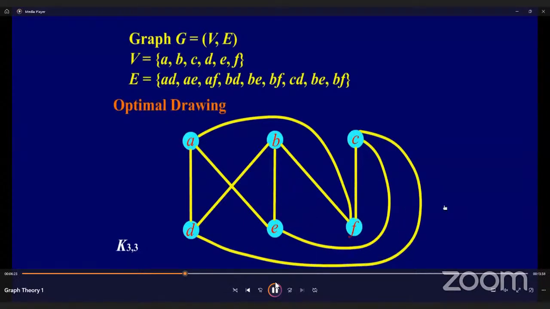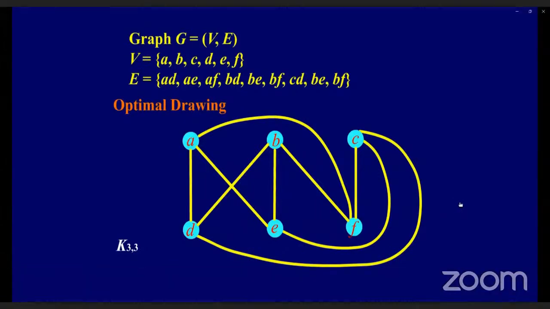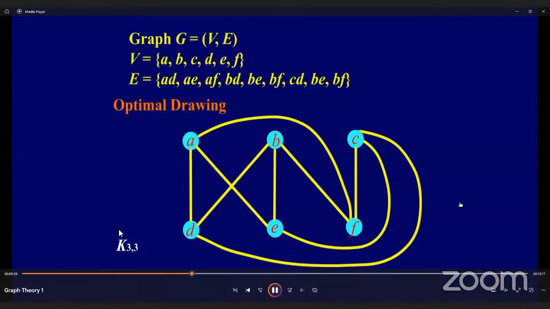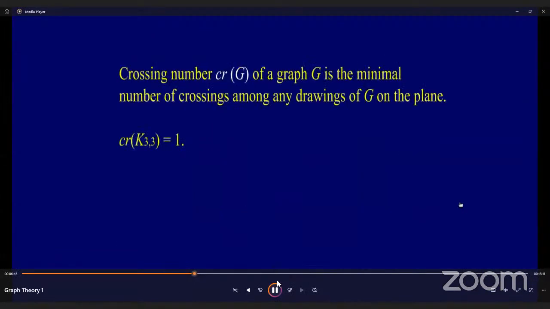It moves like that. And so now we have only 1 crossing. Now the question is, can we get rid of that 1 crossing? Now, Kuratowski, where the K comes from, has proved that we cannot make 0 crossings for K33.